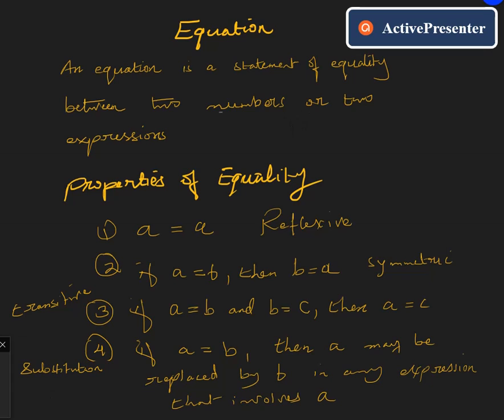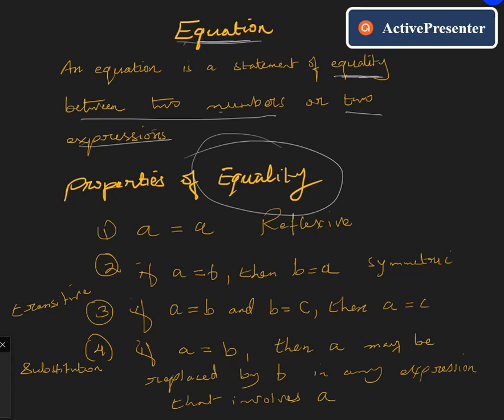So an equation is a statement of equality between two numbers or two expressions. The properties of equality are four properties. The first property is the reflexive: A equals A. The second property, if A equals B, then B equals A, which is the symmetric property.